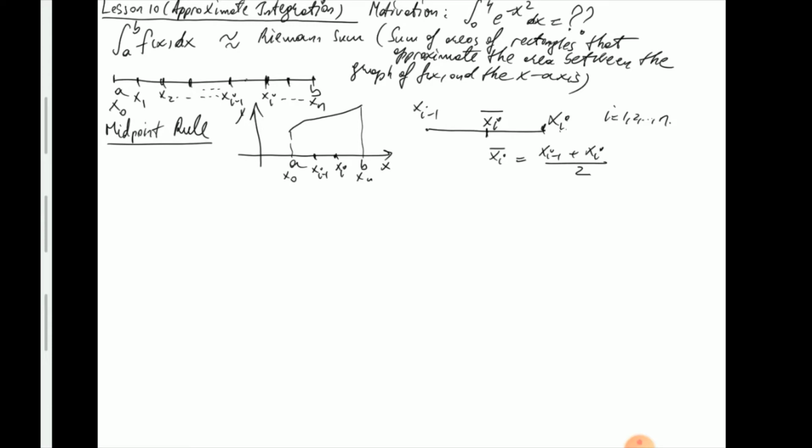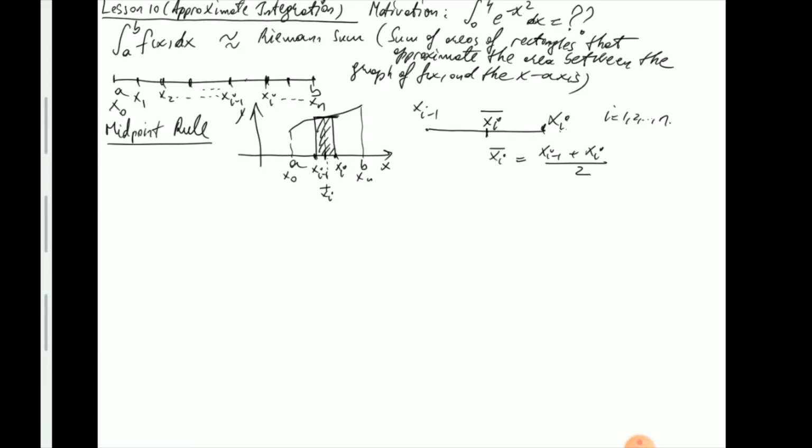That's how you find the midpoint. So here, if this is in the middle, this is x i bar, we're going to raise a perpendicular over it, construct a rectangle, and the area of that rectangle will be part of the summation which approximates the Riemann integral.